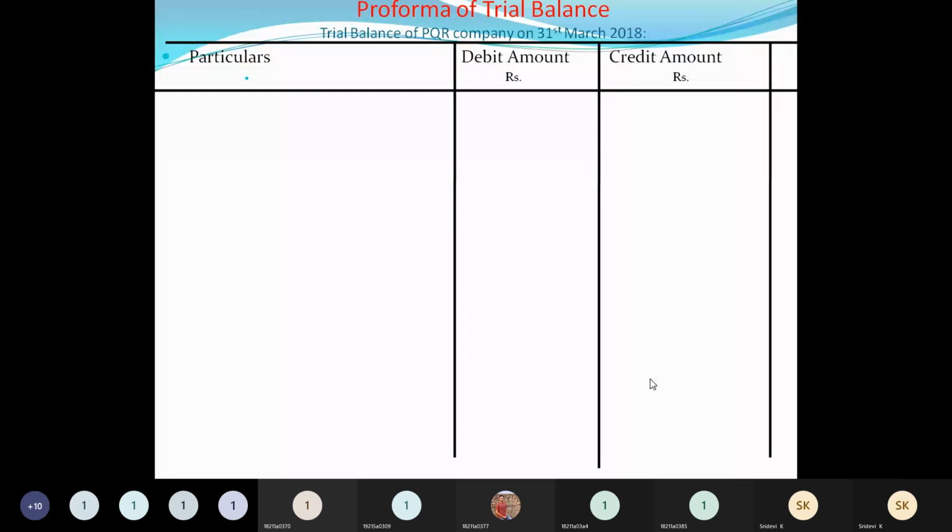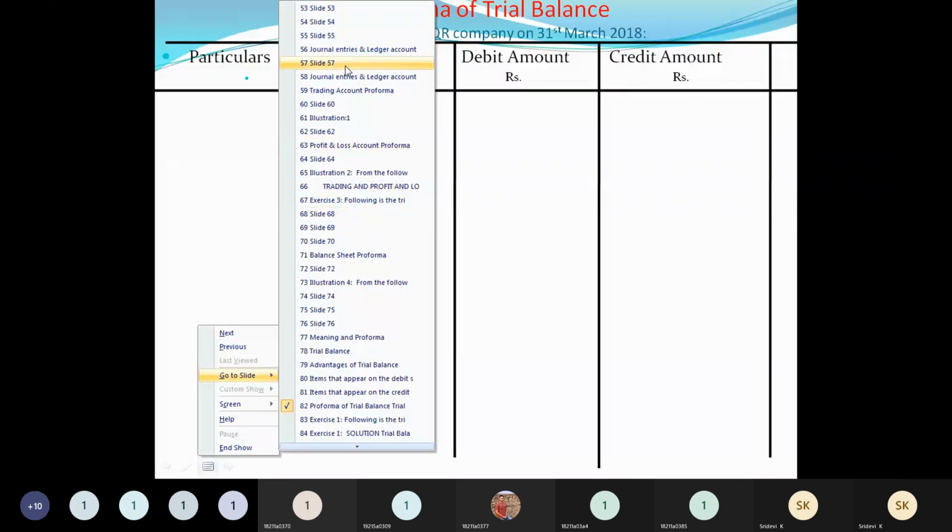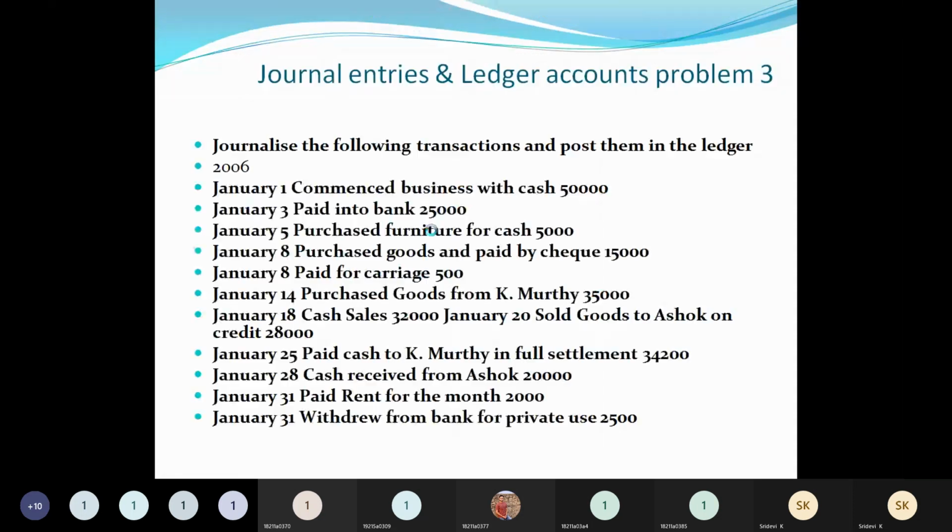Another way of preparing this trial balance is you can use the total amounts, as we have seen in ledger accounts. Let me show you one of the ledger accounts, so that you can clearly understand.